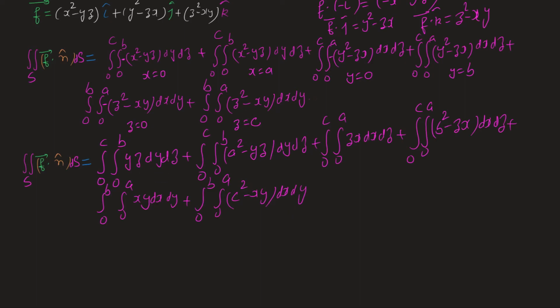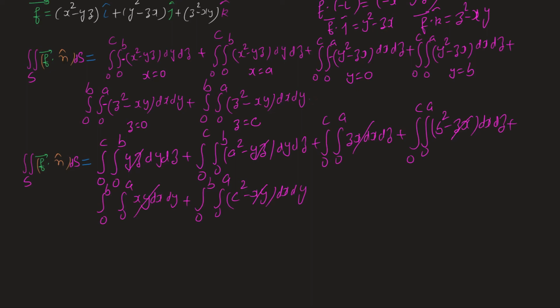So see this integral and this integral, one part of this and this part will cancel out. So we may cancel this one, this will cancel out, this portion with that, this portion with that.